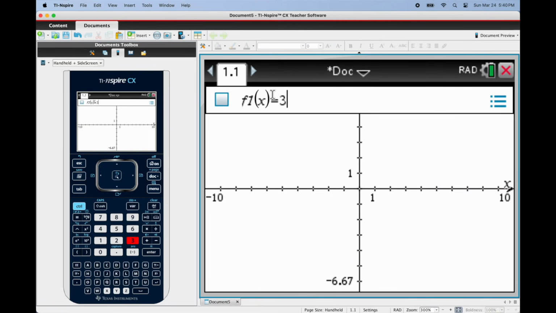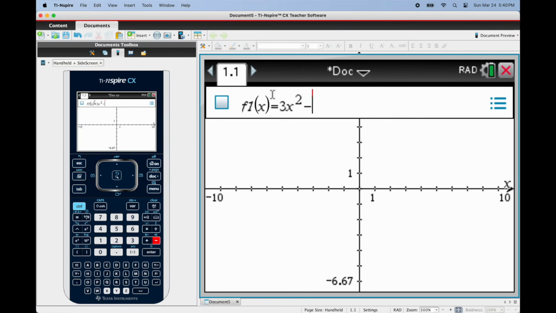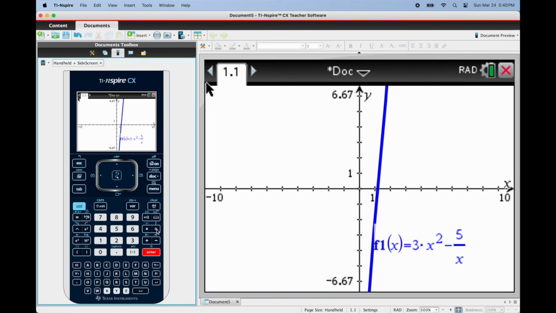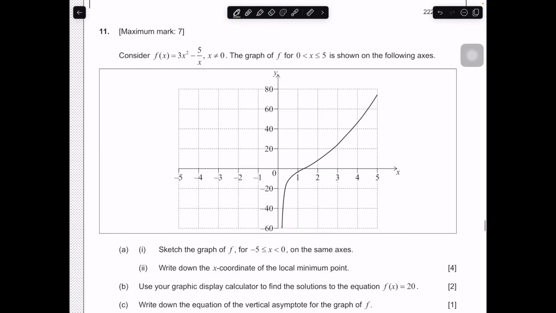So here's our function, 3x squared minus, and let's get a fraction, minus 5 over x. Just returning to the document for a sec, we see we have a window where the x value has a max of 5 and a min of negative 5, and a y value with a min of negative 60 and a max of 80. If we want to create a mirror replica, a carbon copy of this, let's get the windows the same, and it's going to help simplify things.